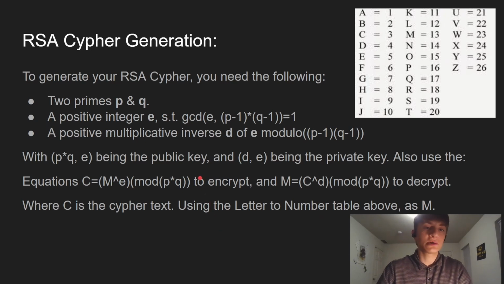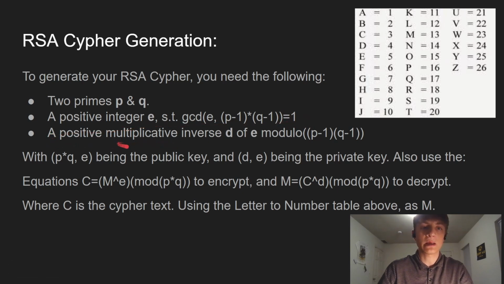So what do you need to create your cipher? What do you need to generate? You'll need a couple things. First thing is you'll need two primes, p and q, and a positive integer e, such that the GCD, greatest common divisor, of e and p minus 1 times q minus 1 equals 1.